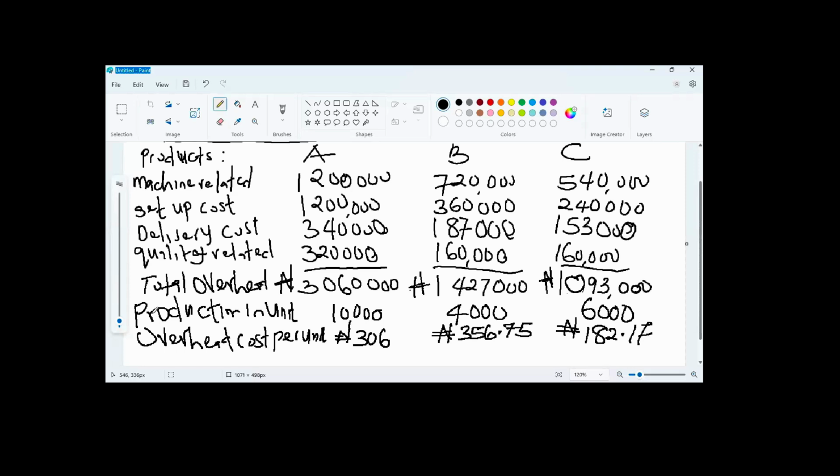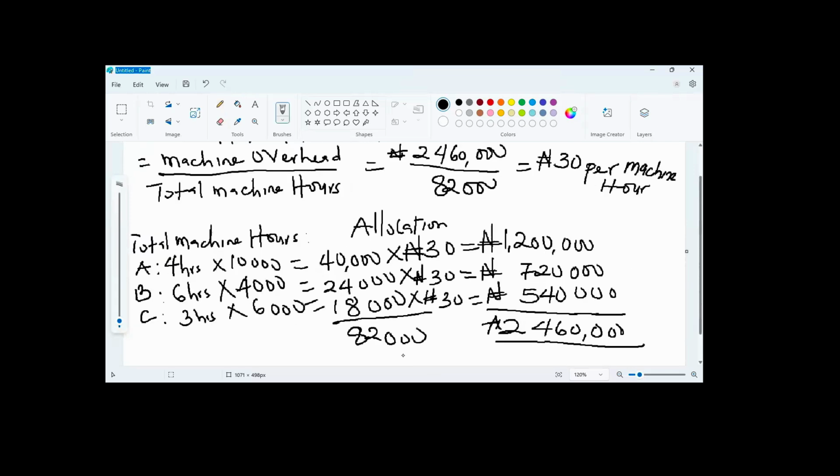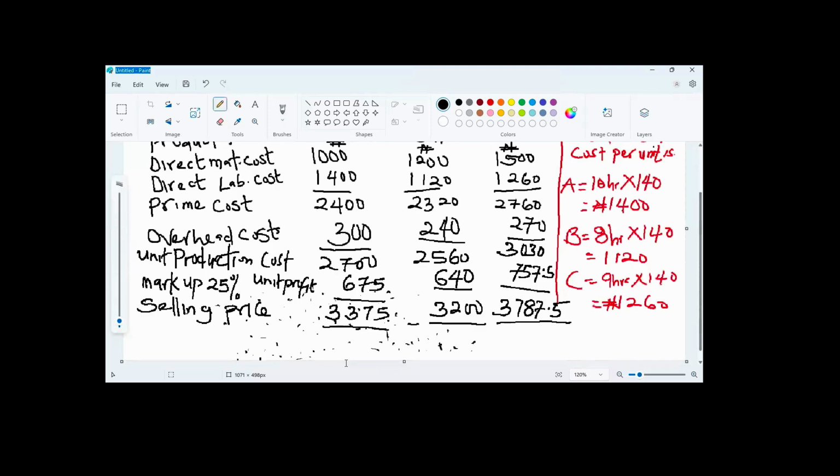You now go and add it to the prime cost you calculated before. Let's note what we have here. And that prime cost we added before. We have done so many. You got the first solution.